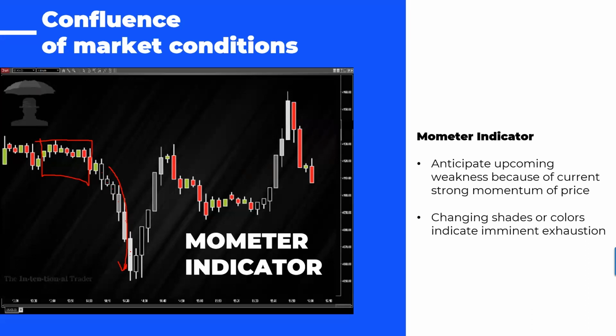The lighter the color, the higher the probability of a pullback, the more imminent the pullback is going to be. So something happened inside this bar that caused price to take off this way. We're going to explore what's going on inside this bar so we know when this is going to turn. Okay.